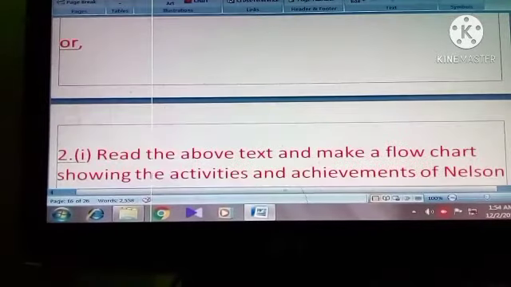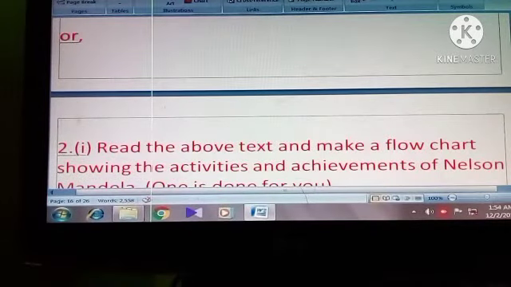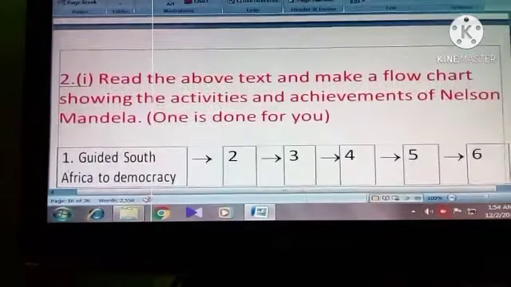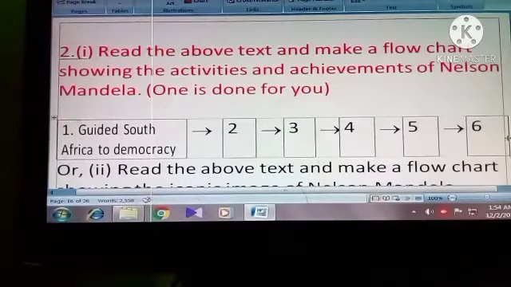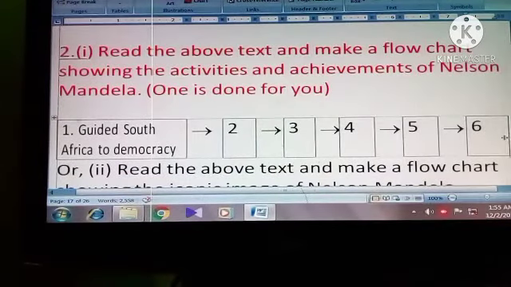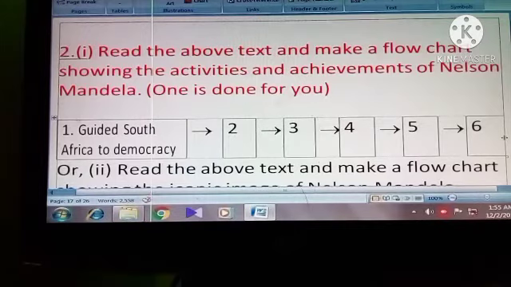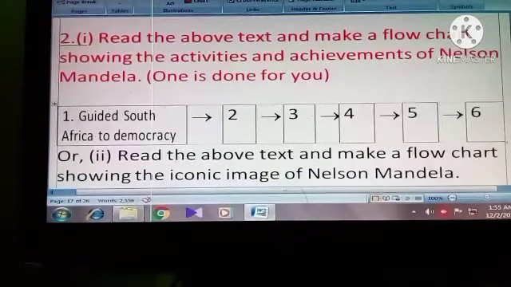And in question number 2, you can also get a flow chart, so we have to practice flow chart. You will get either a flow chart or a table. So read the above text and make a flow chart showing the activities and achievements of Nelson Mandela.